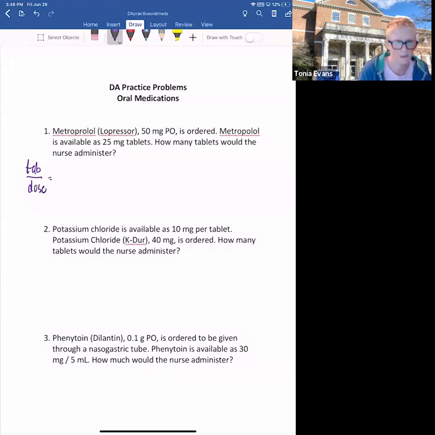Step 2, I'm going to look at my numerator and see what I know about that. So tabs, I know. In this case, I've got 25 milligram tablets. So I'm going to say 1 tab is 25 milligrams. Okay, so we're good with tablets, right?